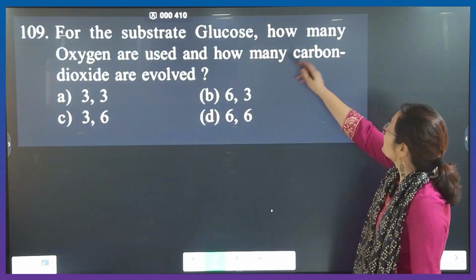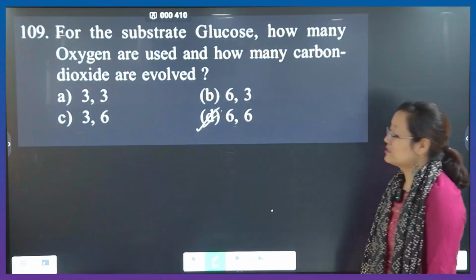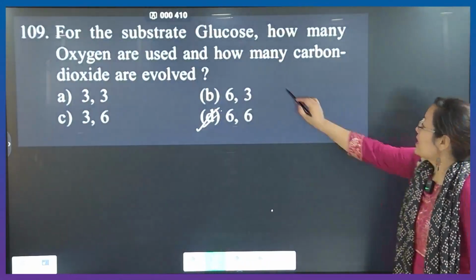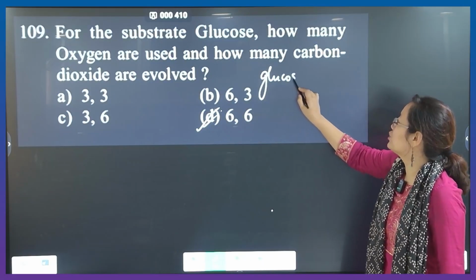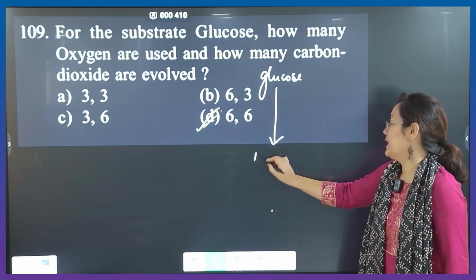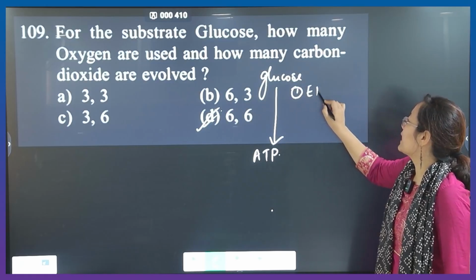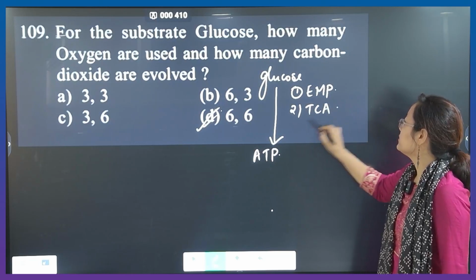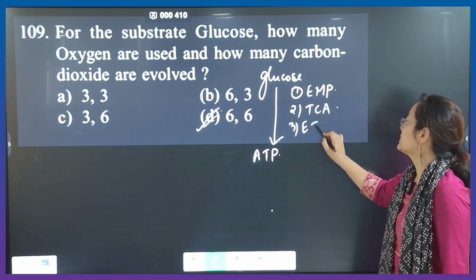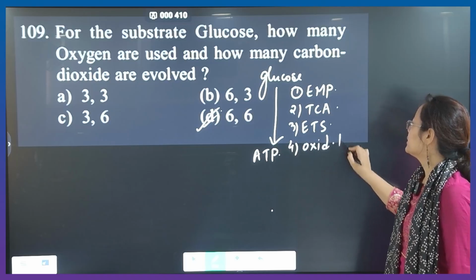Okay, how many oxygen are used and how many carbon dioxide are evolved? Answer to this will be 6 and 6. Yeah, लेकिन आया कैसे? In the case of respiration, glucose to ATP. In this, first is glycolysis, second is Krebs cycle, third is ETS, fourth is oxidative phosphorylation.